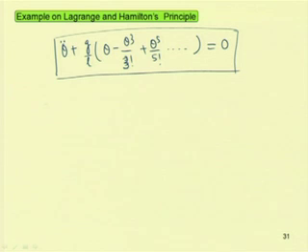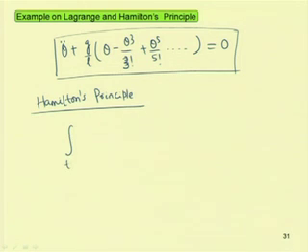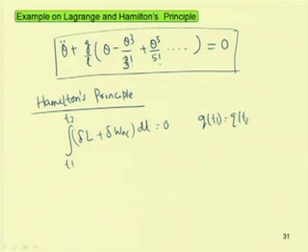So, here using Hamilton's principle, one can write the integration from T1 to T2 of δL plus δW_NC dt equal to 0, where q at T1 equals q at T2 equals 0. Here T1 and T2 are the times where the true path becomes equal to the varied path.